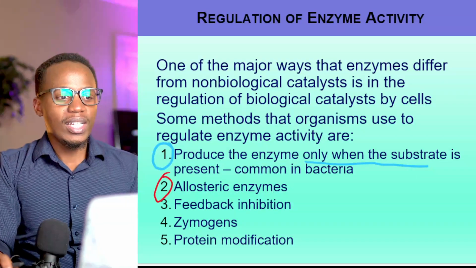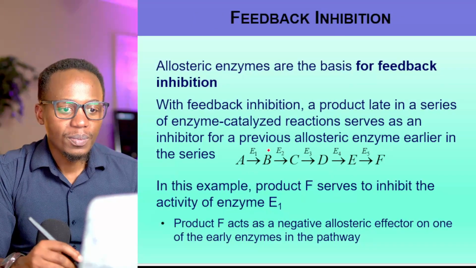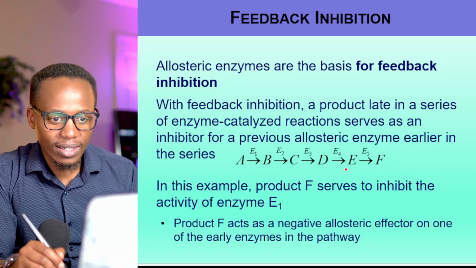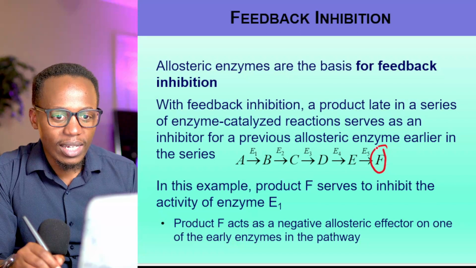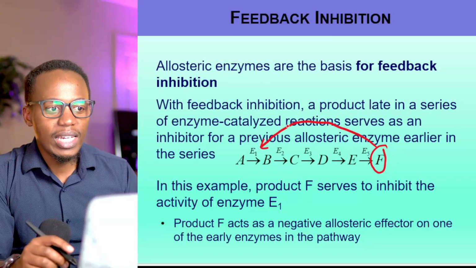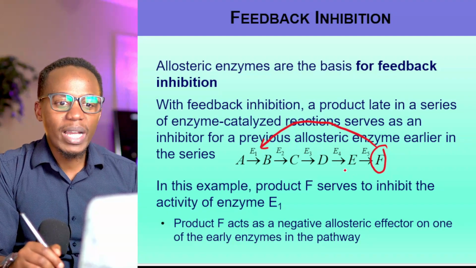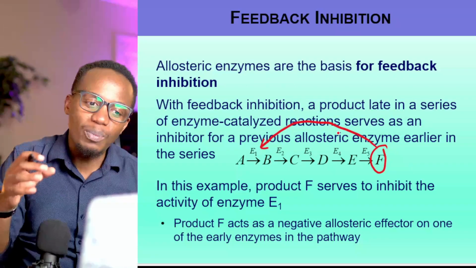Feedback inhibition is when you made too much of a product, right? When you made too much of a final product and it comes back to inhibit the initial enzyme, or one of these. So feedback inhibition is like, hey, we made too much, stop.